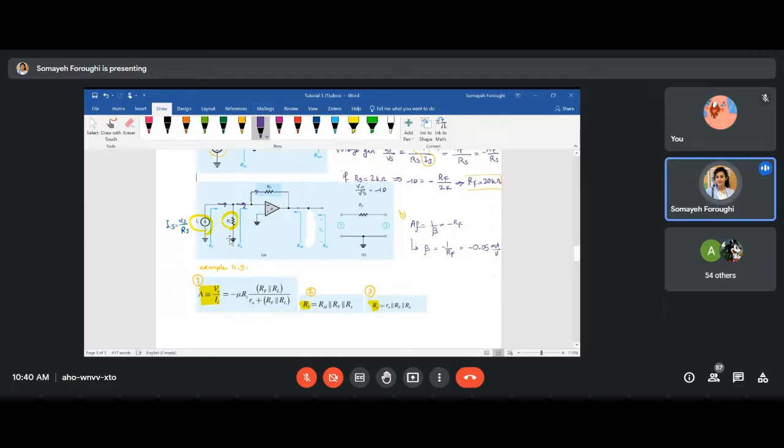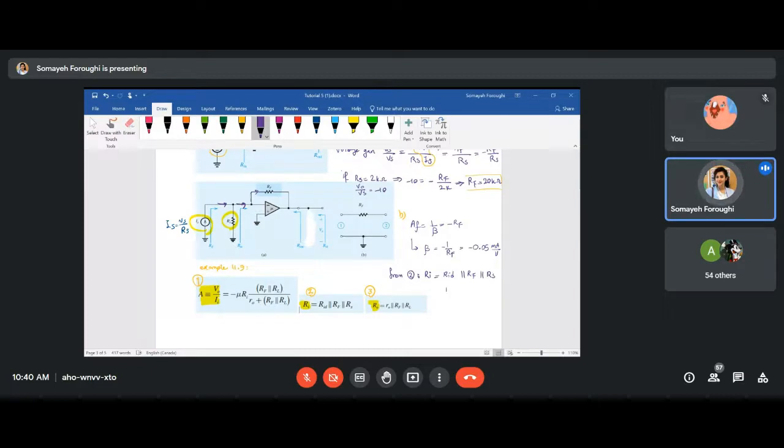Now, if you use equation number 2, I mean this RI equation, so from equation 2, what is Ri in this question? Ri will be RID, meaning input resistance of the amplifier, RF and RS, these three are parallel together.